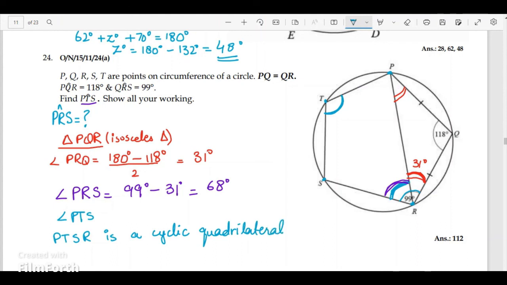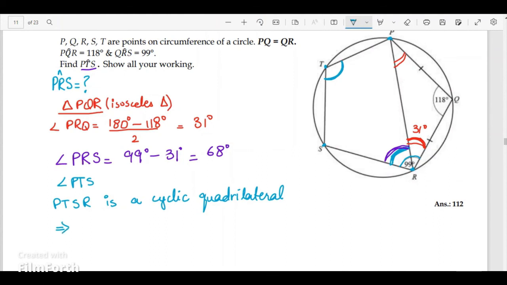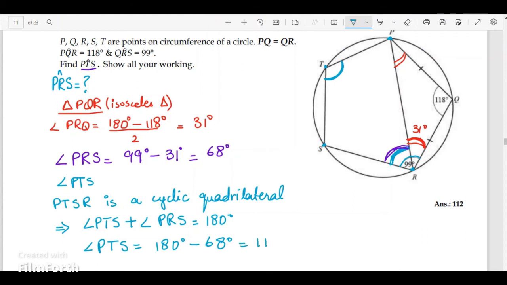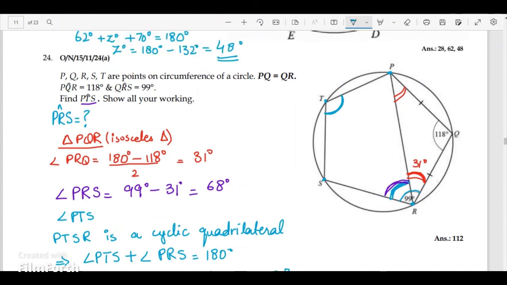This means that angle PTS plus angle PRS would be equal to 180 degrees. If I have to find angle PTS, what I could do is 180 degrees take away 68 degrees. And the answer is 112 degrees. That's it. The entire solution.